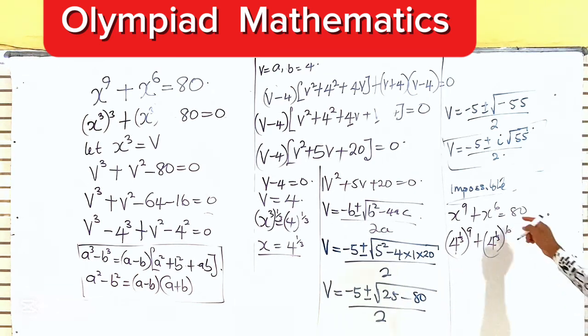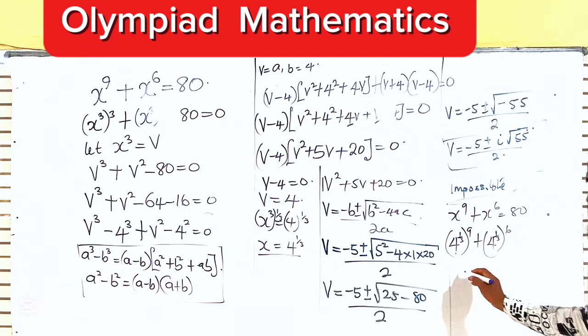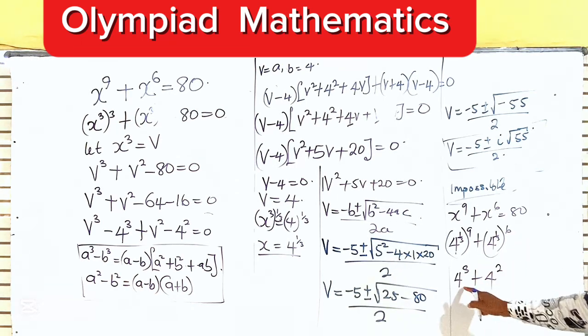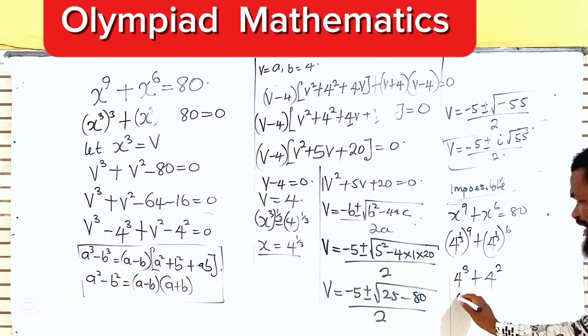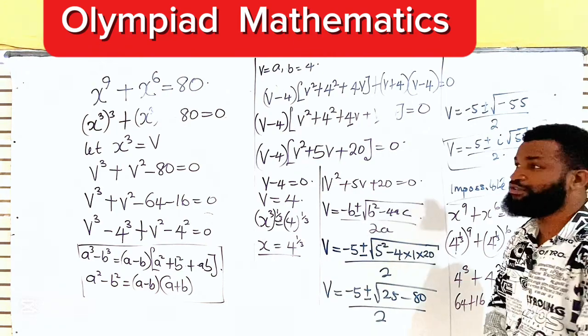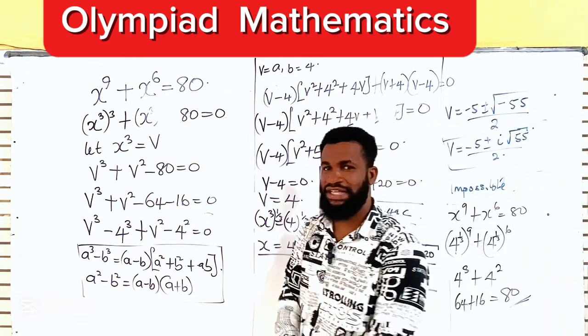Can these two give me 80? Let's find out. So I'm going to have 4 raised to power 3 plus 4 raised to power 2. 4 raised to power 3 is the same thing as what? Correct, 64, plus 16, which is definitely 80. And this is the only value of x in this lesson.